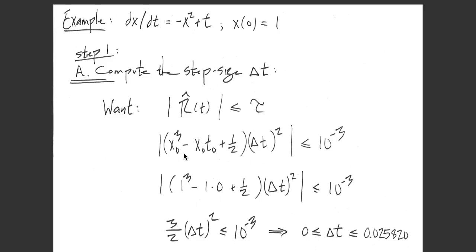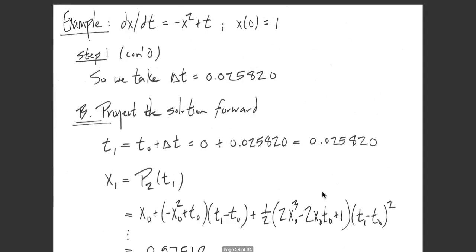Plugging in the values of x0 and t0 that we know, you get this little inequality here for delta t. Solve it, you find that delta t is between 0 and 0.025820. So we're going to take, again, the biggest step size we can take while still remaining within our error tolerance.